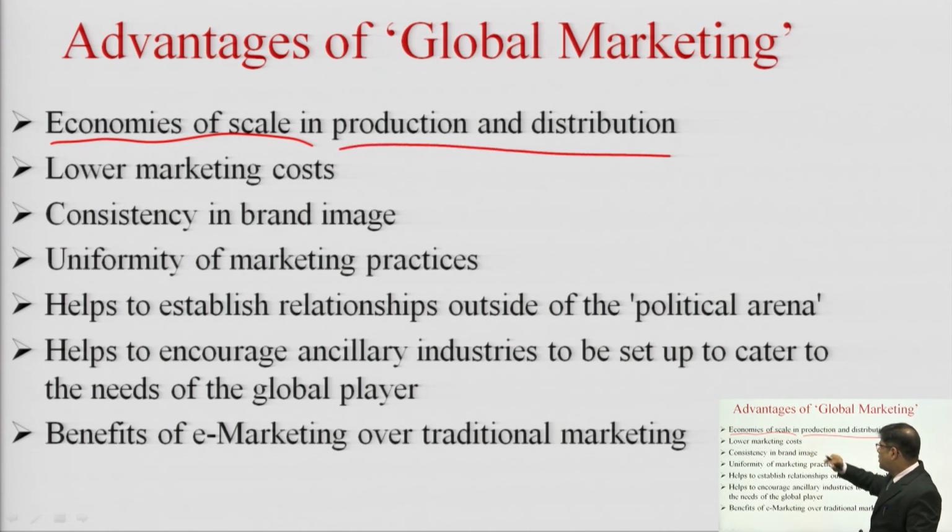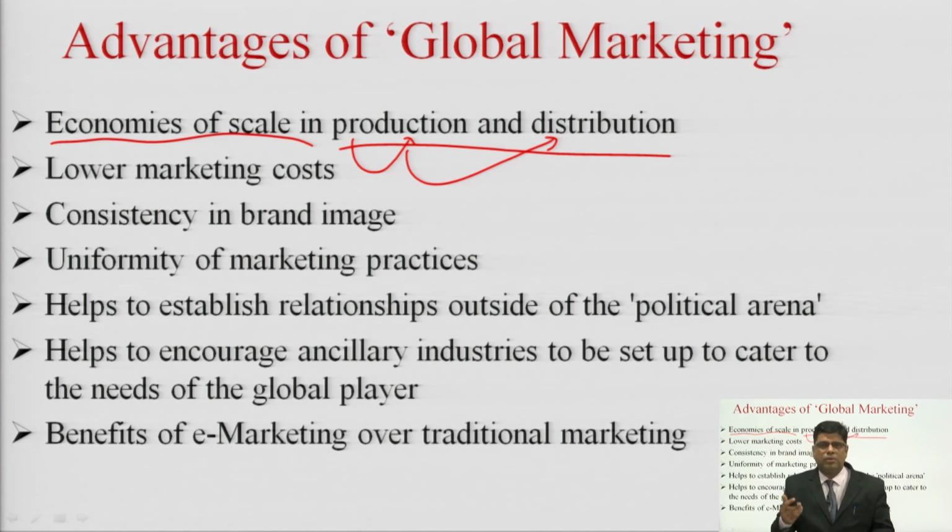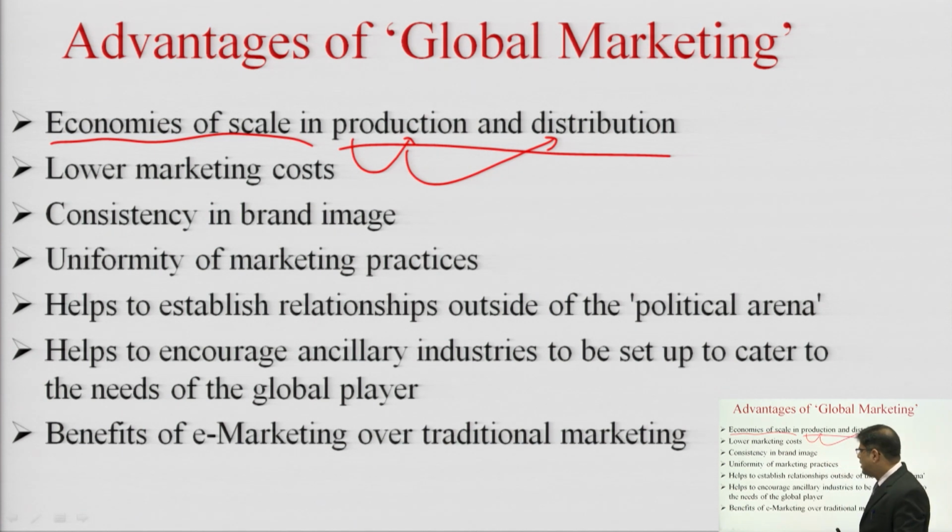So, economies of scale are one of the advantages of global marketing, and they are achieved not only in production, but also in distribution, because after the production what the company has to aim at is efficient distribution. So, this brings in cost cutting and a lot of cost efficiency both in production as well as distribution.